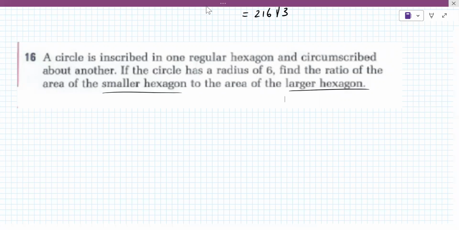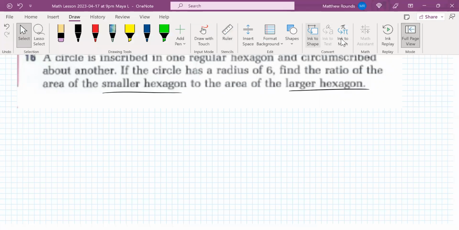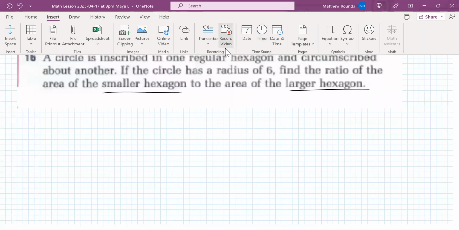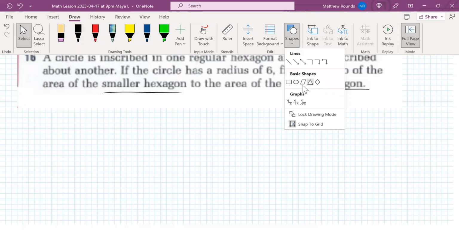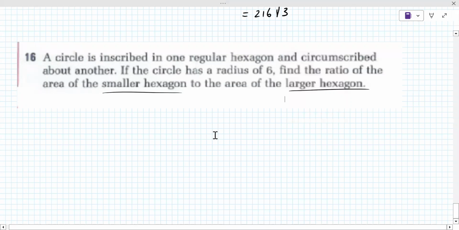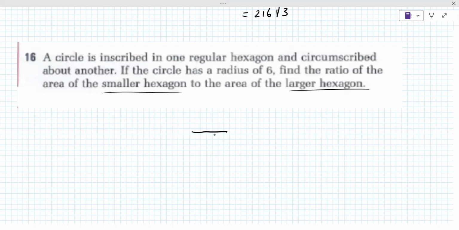Let me see if I have a hexagon tool here. Draw shape. Where's the hexagon? Okay. All right, no hexagon. Okay, so there's one. This is gonna be the smaller one. So, let me draw it in a different color.